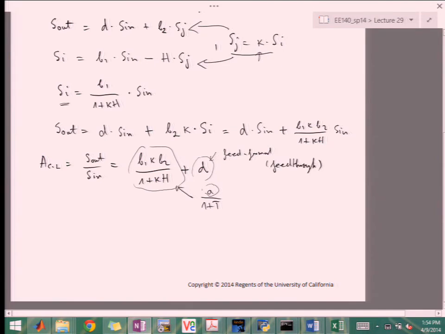This is only here because the feedback is bidirectional. If the feedback section is only unilateral, like the amplifier is, you would not have this piece. Ideally, when we did all these shunt-series configurations, our feedback section was unilateral, so we did not have this D component. But in general, when you have just a resistor coming back, that component is bilateral, so the signal can go either way through it, and you have to take this feed-forward component into account.